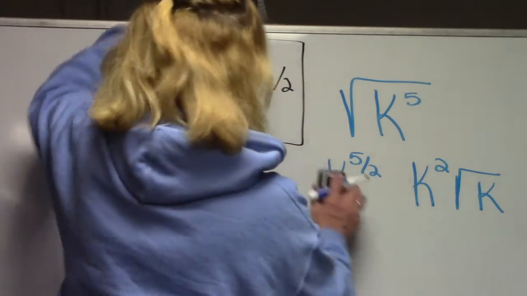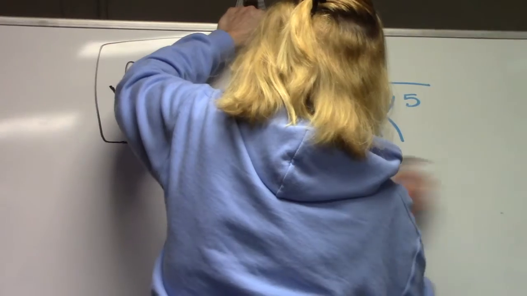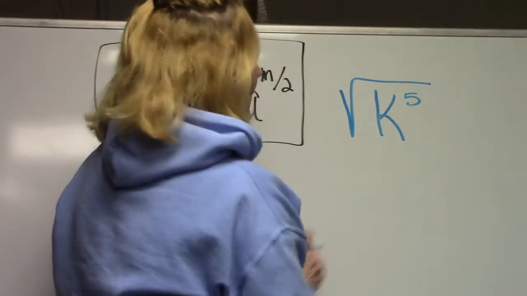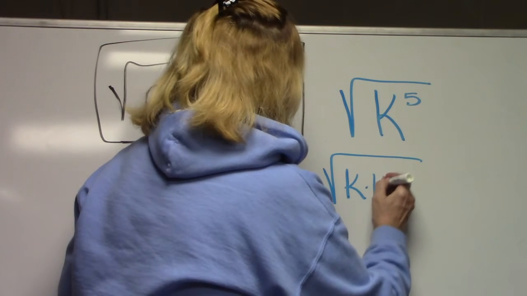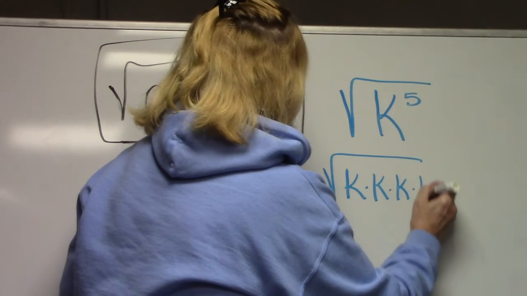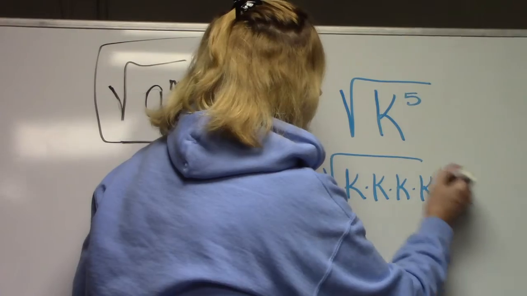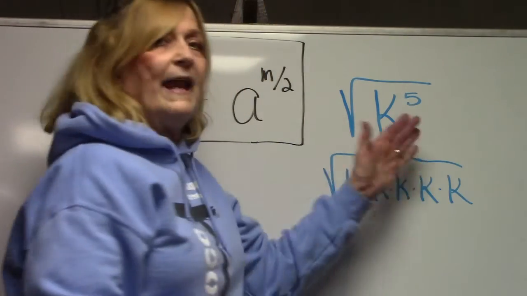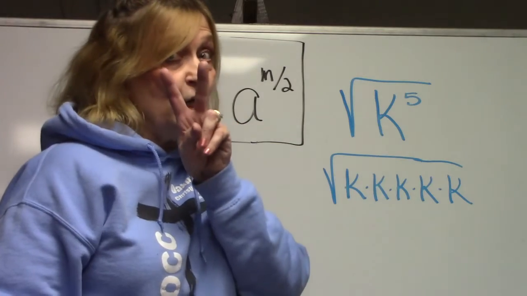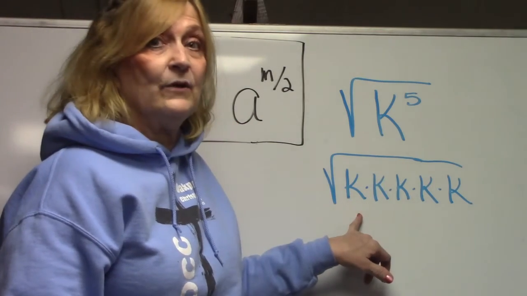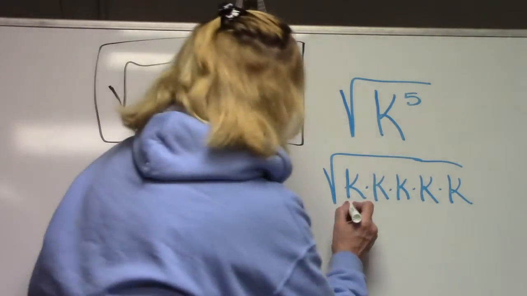Let me show it to you with the other technique. So, k to the 5th is like saying k times k times k times k times k. All inside our radical. All right, remember, it's square, so for every 2 you have inside the radical, you can pull out 1.